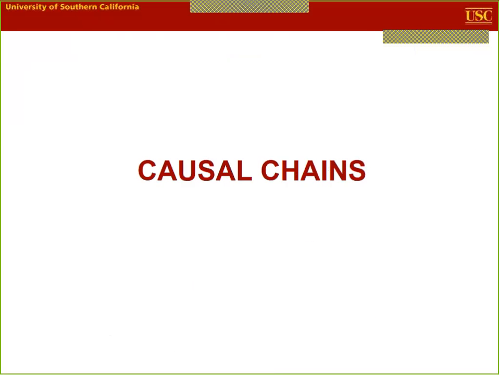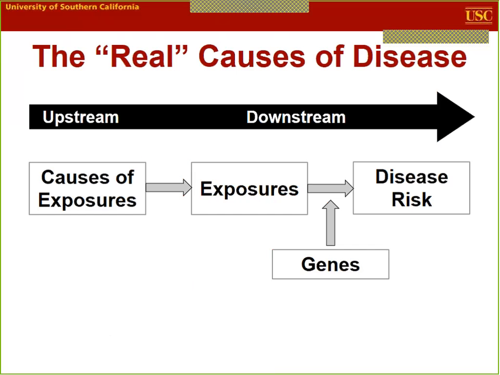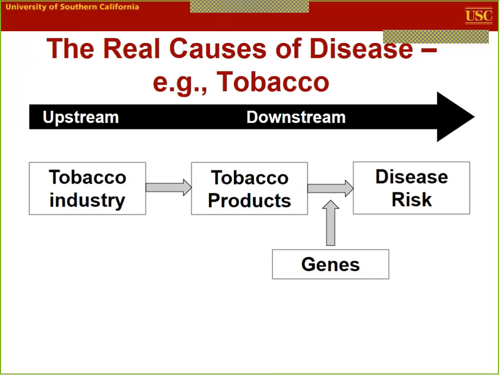And just a few last concepts, and I'm going to take the last few minutes to talk about some causal frameworks. So thinking about causal chains and looking upstream to the causes of exposure, this is just a very simple causal model where we have exposures and genes downstream driving disease risk, but upstream, of course, the causes of exposure.